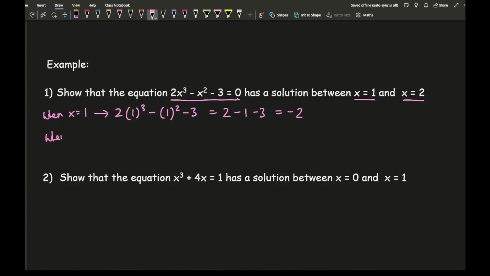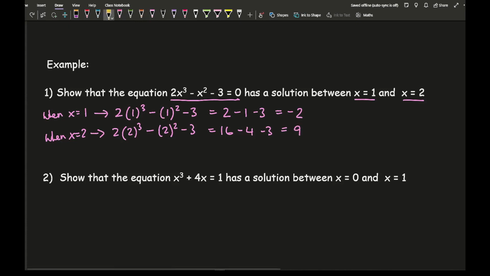Then when x equals 2, I get 2 lots of 2 cubed minus 2 squared minus 3. Now 2 cubed is 8 times 2 is 16, 2 squared is 4 and minus 3. And again, just be mindful of the negatives and negative numbers that you substitute in. So 16 take away 4 is 12, take away 3 is 9.